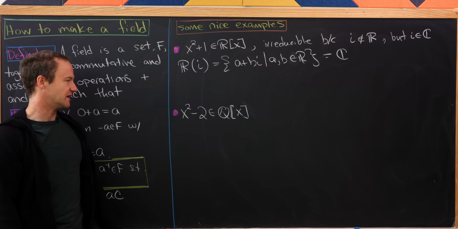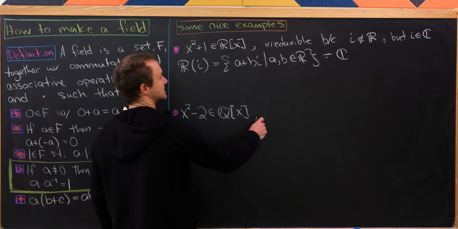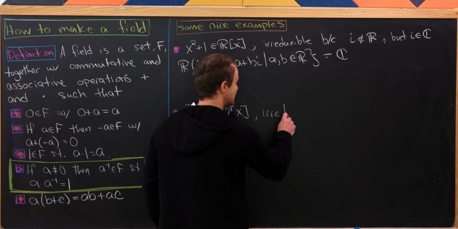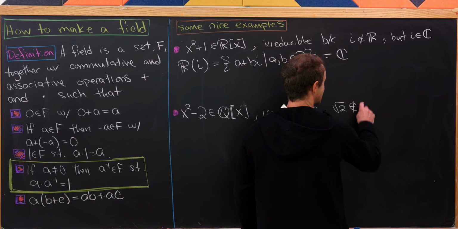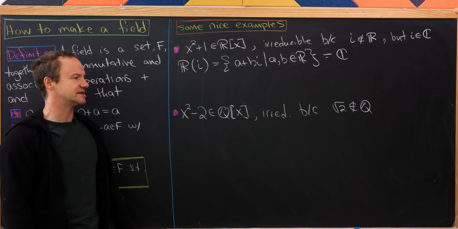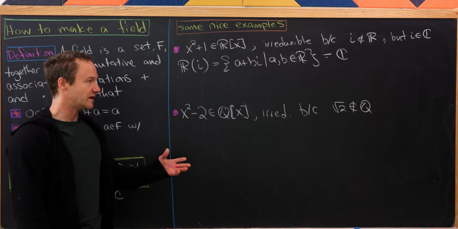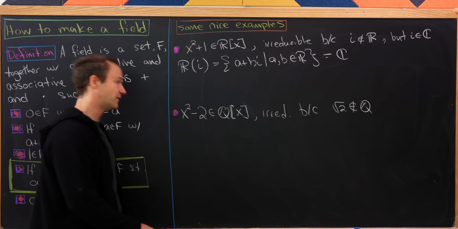Okay, so now let's look at x squared minus 2 in Q adjoin x. I think we can see that this is irreducible because the square root of 2 is not a rational number. And the square root of 2 is a root here. Now we could adjoin the square root of 2 to Q like we did before.